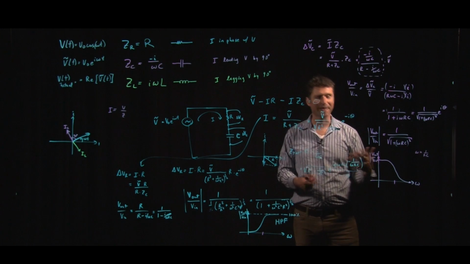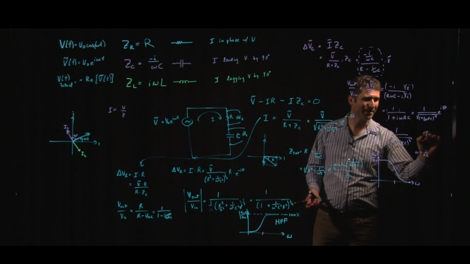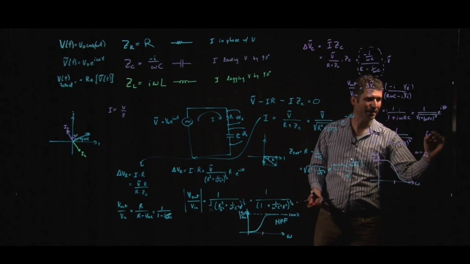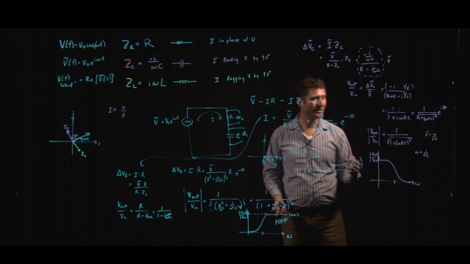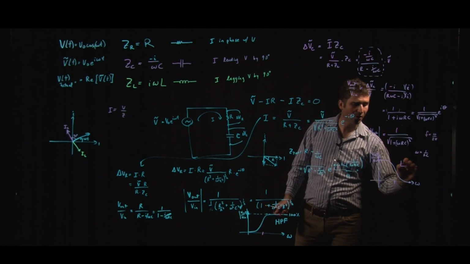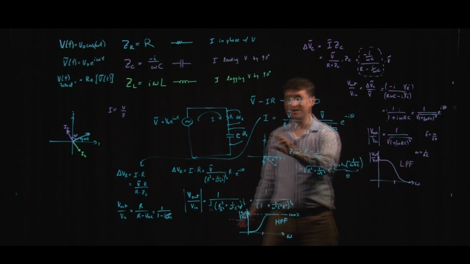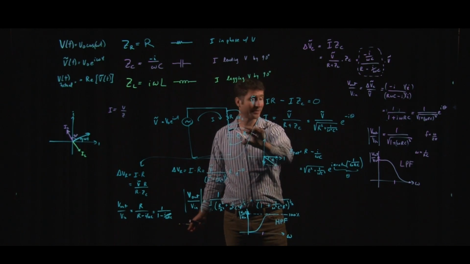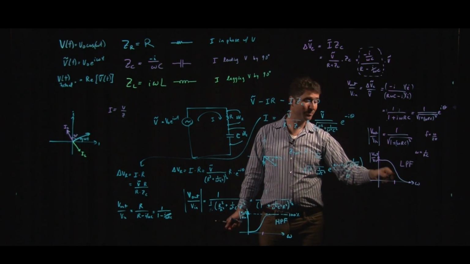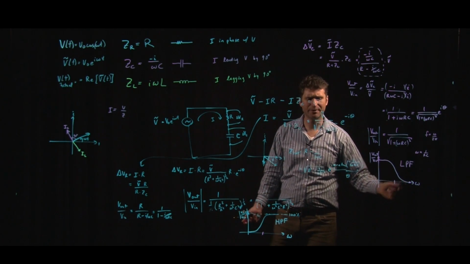And if we wanted to turn it into an actual frequency, we would have to remember that frequency is equal to omega divided by 2 pi, right? So there's that 2 pi factor in there that we have to consider. Nonetheless, we'll call this a low-pass filter, because if we were to measure a voltage drop across this capacitor here, then only low frequencies would be measured, but high frequencies would not be measured very much.